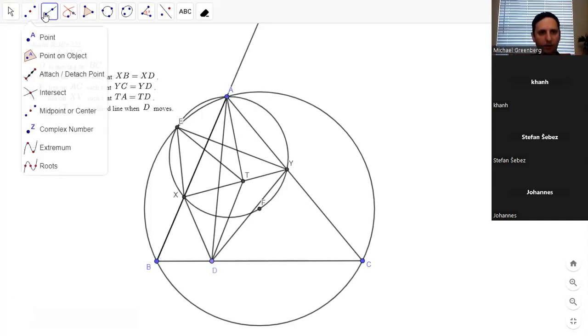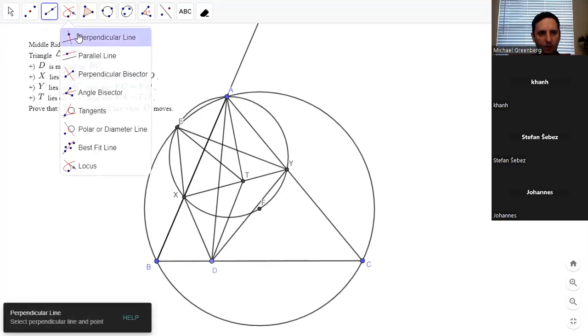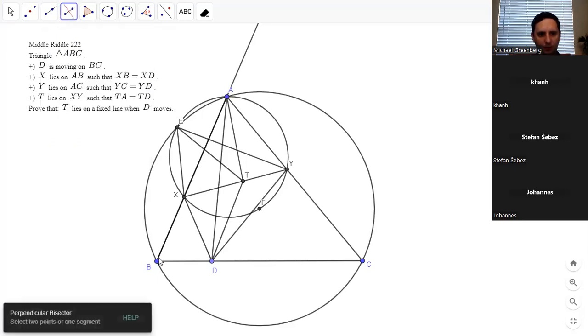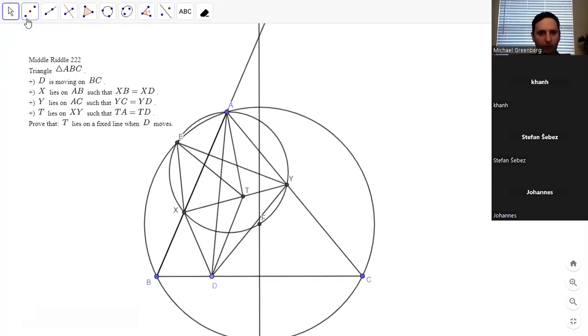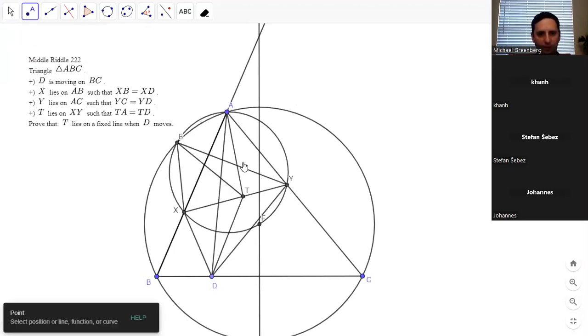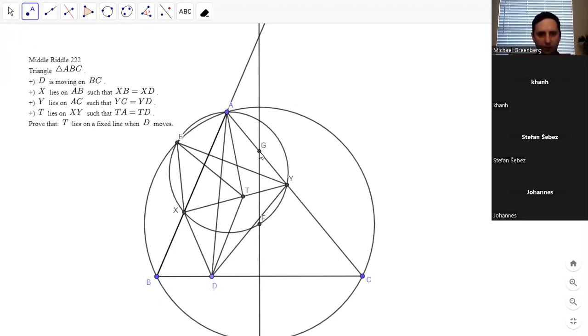And then so yeah, we can figure out what that line is, although I'm not sure if it'll be that useful. Basically, I think it's the line through the midpoints of BG and CH.